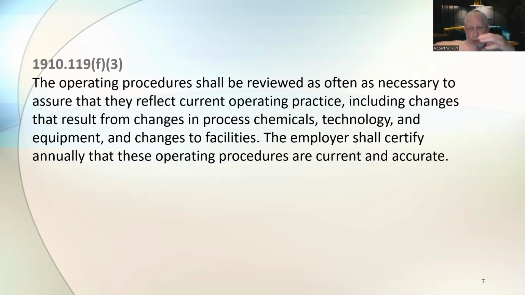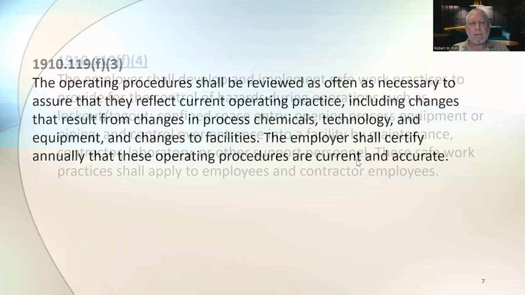We had a cover sheet on each one of our operating procedures and had somebody sign it. They certified that it was current and accurate. That's got to be done. I kind of like when OSHA does this, makes somebody put their name on something, rather than just say, yeah, it's okay. They say, wait, I'll put my name on it, I better make sure it's okay. That's the theory behind it, and it's pretty solid, I think.